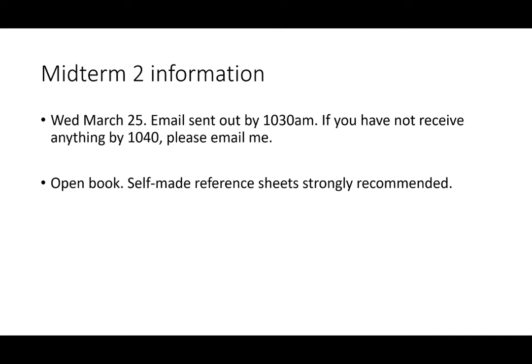The length and the style is expected to be pretty much exactly the same as the previous midterm. So similar to midterm 1, similar to the old midterms I posted. They are not expected to be way harder, no. There will still be 5 multiple choice and 8 regular questions.